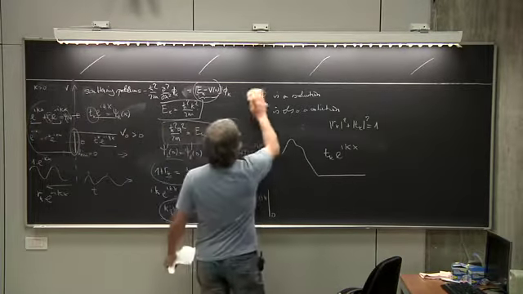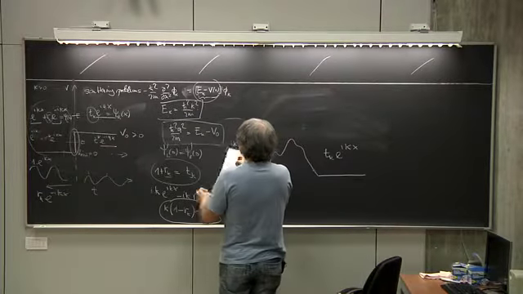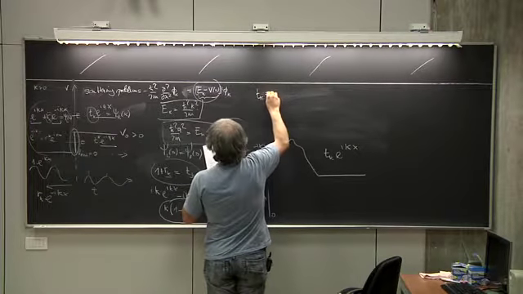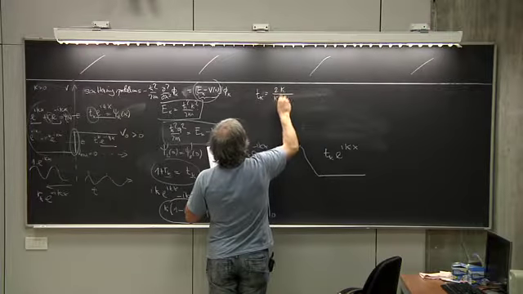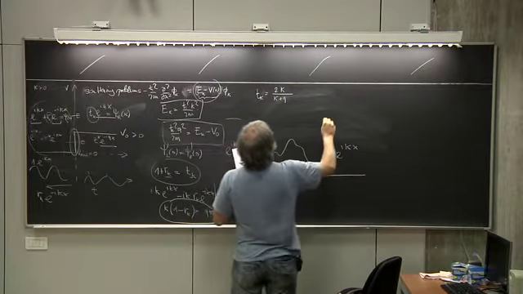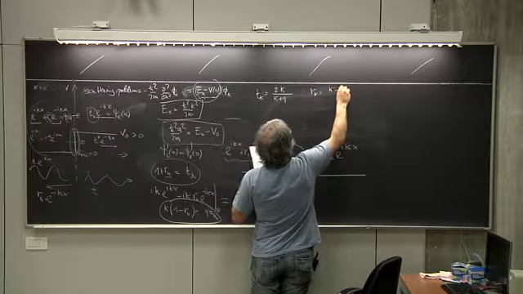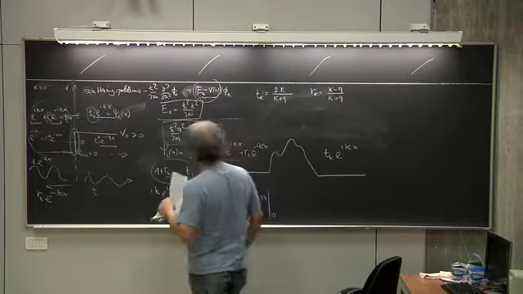Let me write the solution for you. You can verify it in essentially no time. The solution is Tk equal to twice K divided by K plus Q, while Rk is equal to K minus Q divided by K plus Q. Okay?